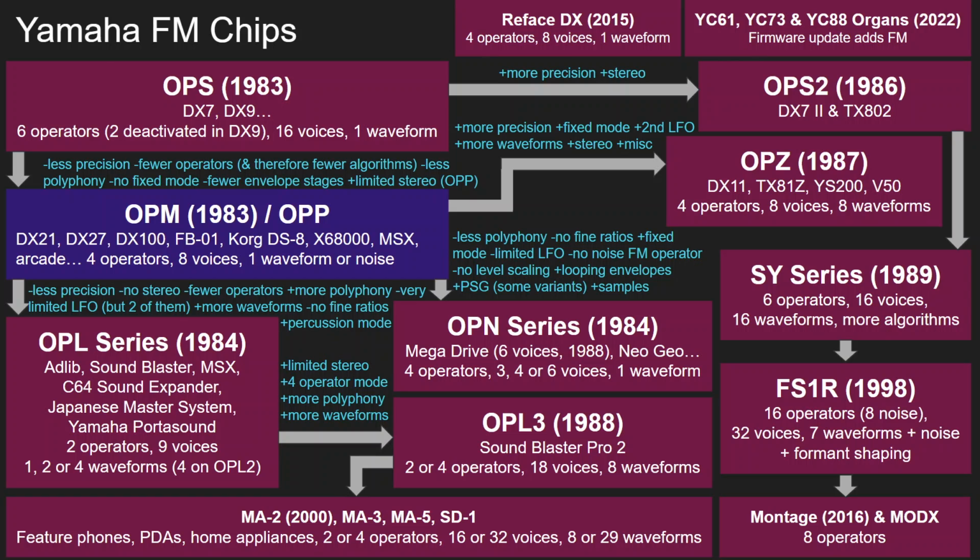So the OPS chip was the first FM chip. That was in the DX7, the flagship product, the first commercially successful FM synthesizer, launched in 1983.